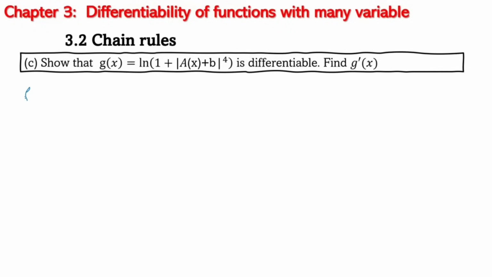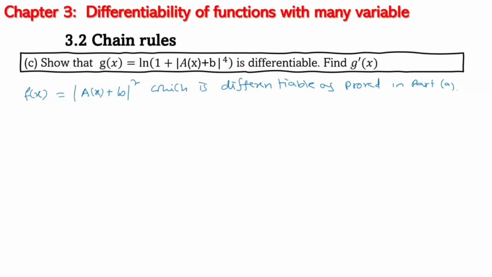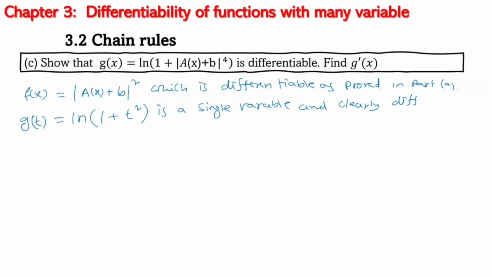For that we took two functions: f of x is equal to the absolute value of Ax plus b whole squared, which is differentiable as proved in part A. Now m(t) is equal to ln(1 plus t squared), a single variable function, and clearly differentiable.